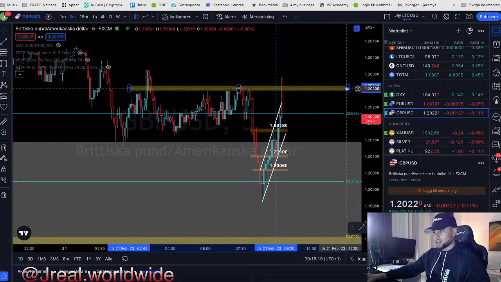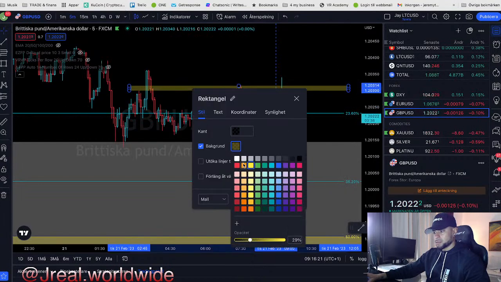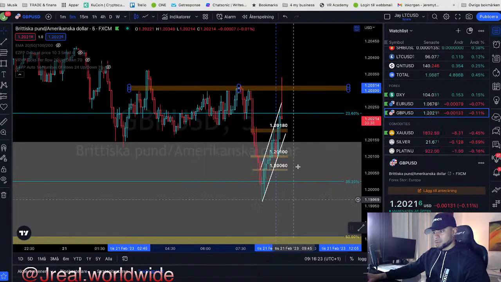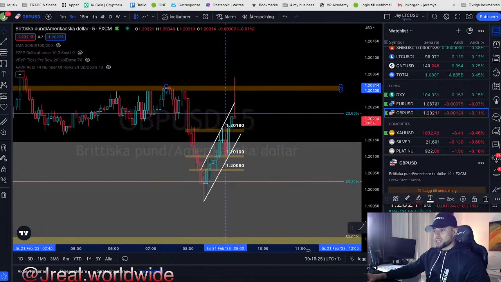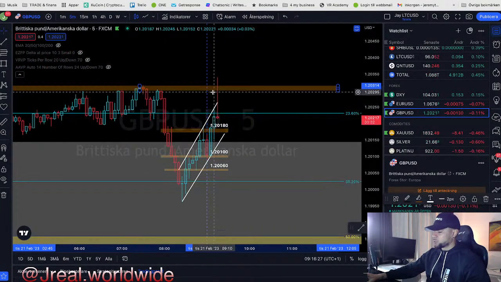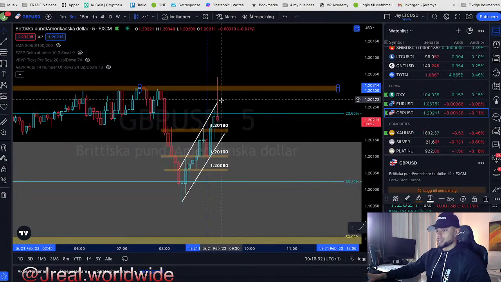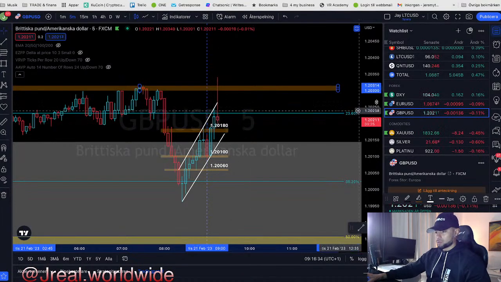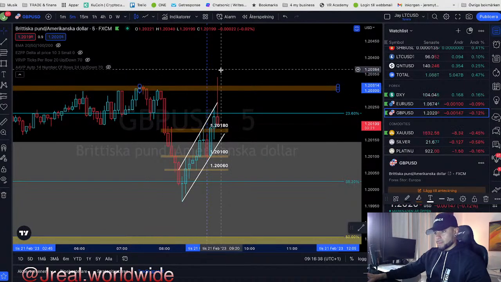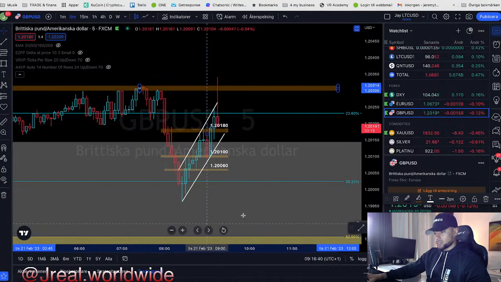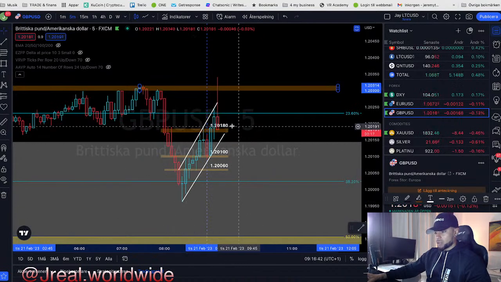Yeah, so you got a lot of resistance here, but market rejected it quickly. As you see, it came up and rejected it quickly. So the buyers are not strong today, and it looks like it wants to reverse now. It's made this massive wick, and it looks like it wants to reject now.